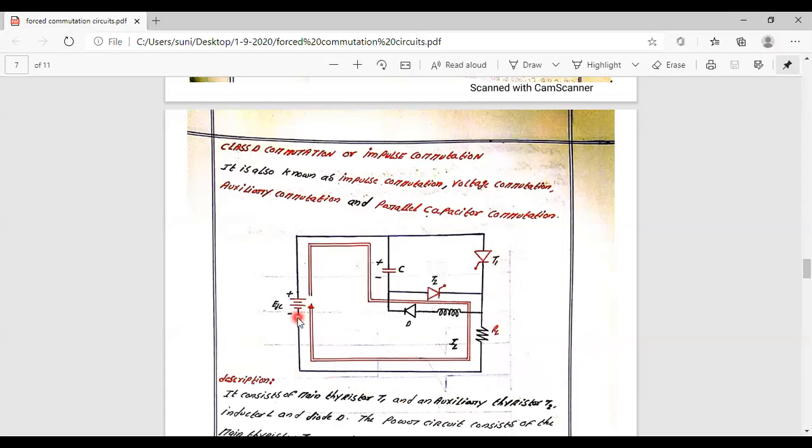Okay, after that, what will happen? As the capacitor is going to be charged, it has a tendency for discharge, and the discharge path is going to be from this positive to this T1 to this negative. So ultimately, when the charging cycle completes, the lower plate is going to be acquired with the positive polarity and upper plate is going to be acquired with negative polarity, isn't it?